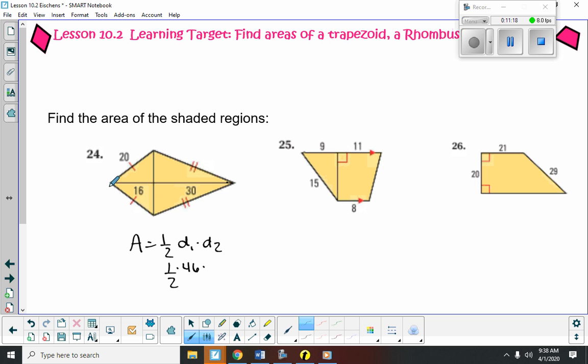From here to here is 16 plus 30, that's 46. We do not have any lengths for this diagonal. Now, the thing that we need to remember to help us solve this problem is that when you have a kite, one of the properties is that the diagonals are perpendicular. So we have a little triangle right here, and this side is 16, this is 20.